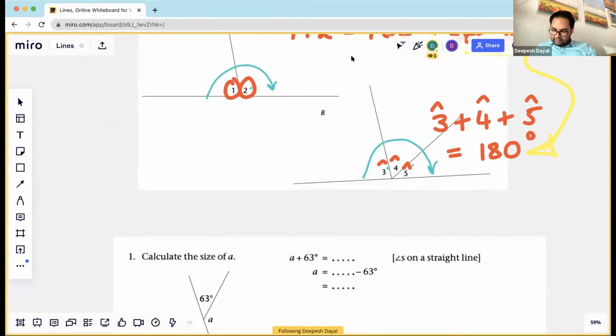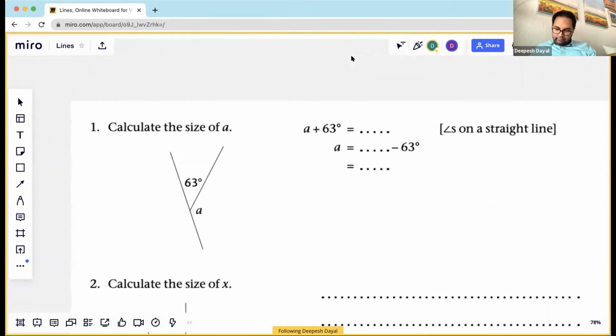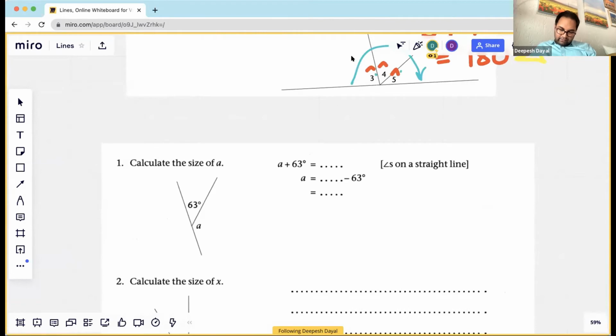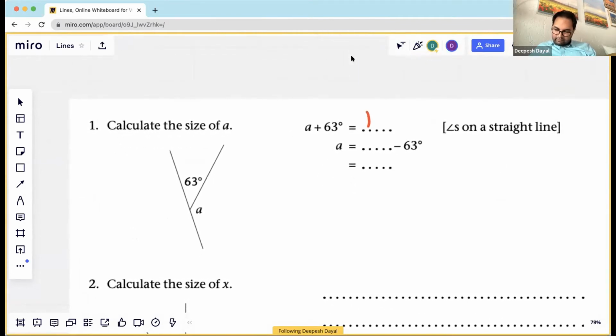Let me give you this first one. Calculate the size of A. So we know A plus 63 gives us 180. Then 180 minus 63 will give you the missing angle, right? And what is 180 minus 63?